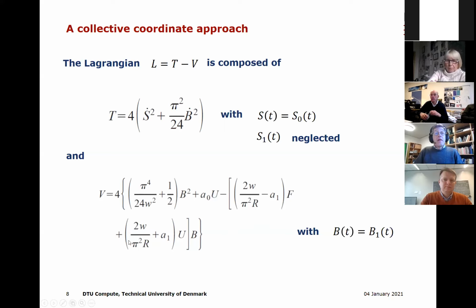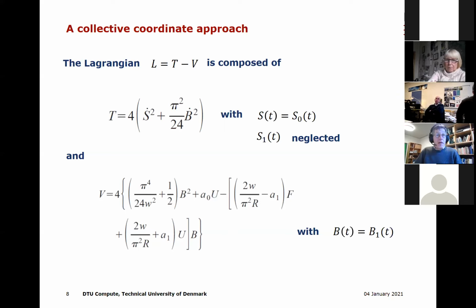And I think an accomplishment of this collective coordinate approach is to find this B here, because then you have a dynamics described by S and B, which could be interpreted as two mechanical particles with positions S and B, and you can more easily interpret what is going on.